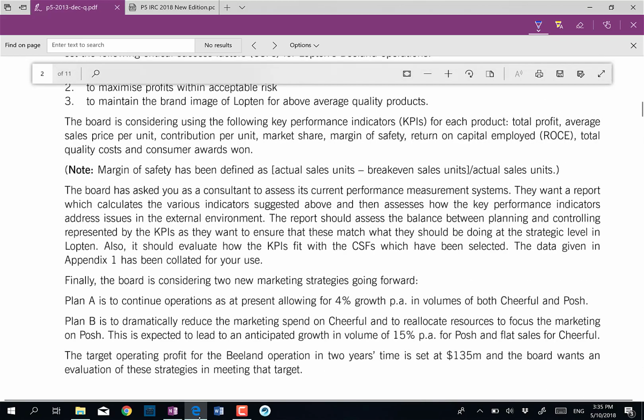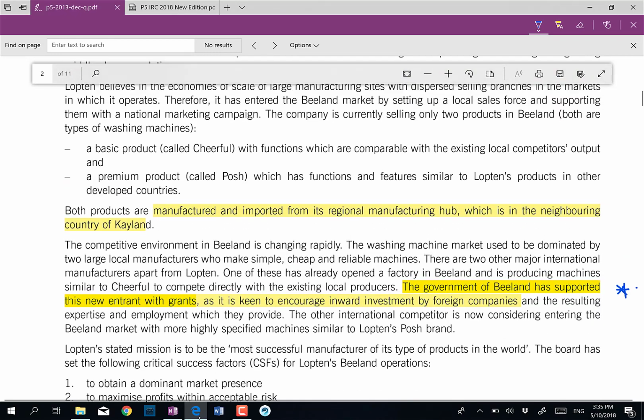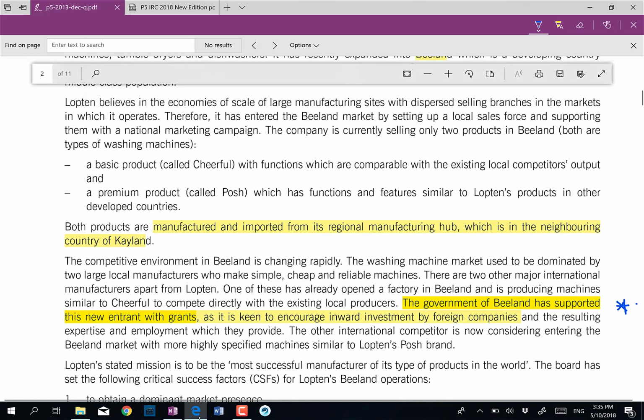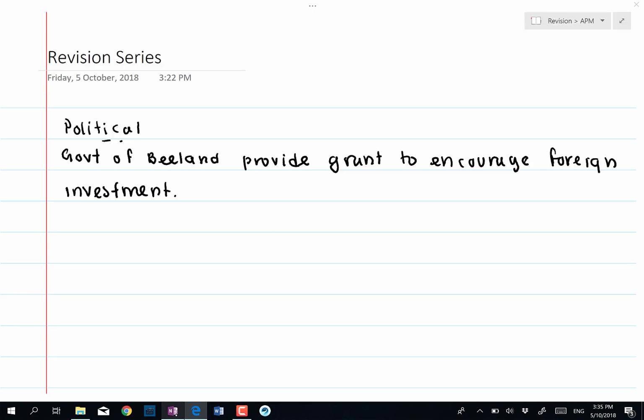What a student at strategic professional level is expected to do is relate this to Lopten selling to Beeland from their manufacturing hub in Kayland. It is the company strategy to manufacture in Kayland and export to Beeland. So if the government is encouraging foreign investment, what does it mean to Lopten?